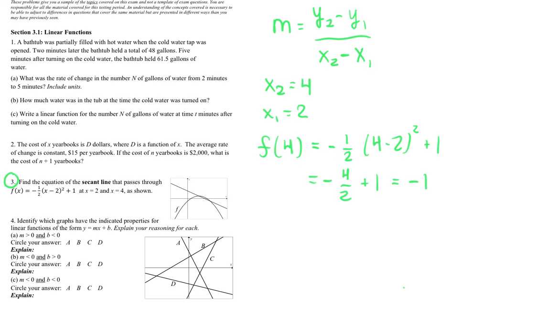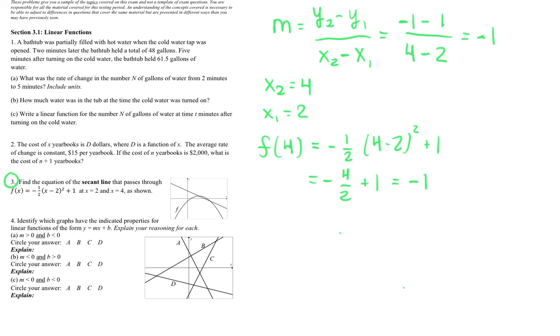For f of 2, we'll get negative 1/2 times (2 minus 2) squared plus 1, which is just going to get us 1. Now we're going to go ahead and plug this in. So we have y2, which is negative 1, minus y1, 1, divided by x2, 4, minus x1, 2. So that gets us negative 1.